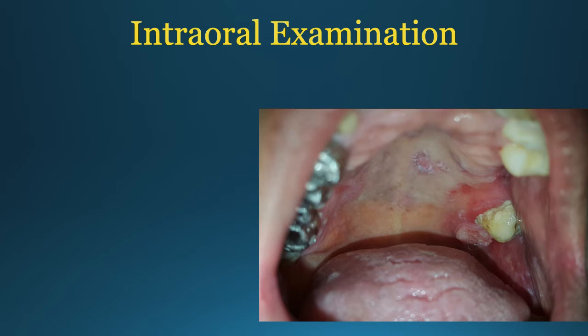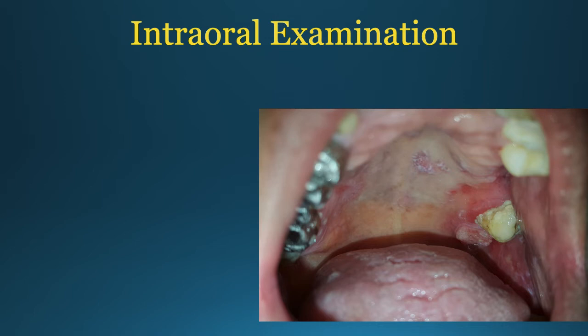And actually, here in the palate, we have multiple lesions. We have a lesion on the gingiva, on the extraction side of the upper premolar and molar, and then we have the wisdom, and then we have a mass behind the wisdom.